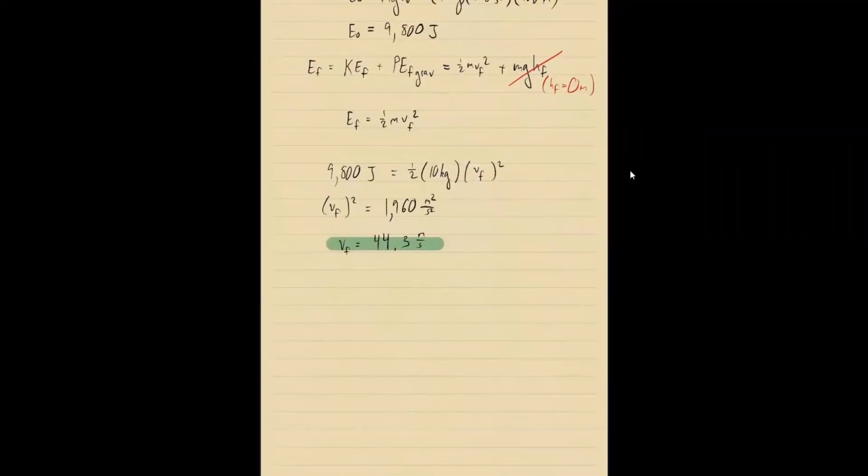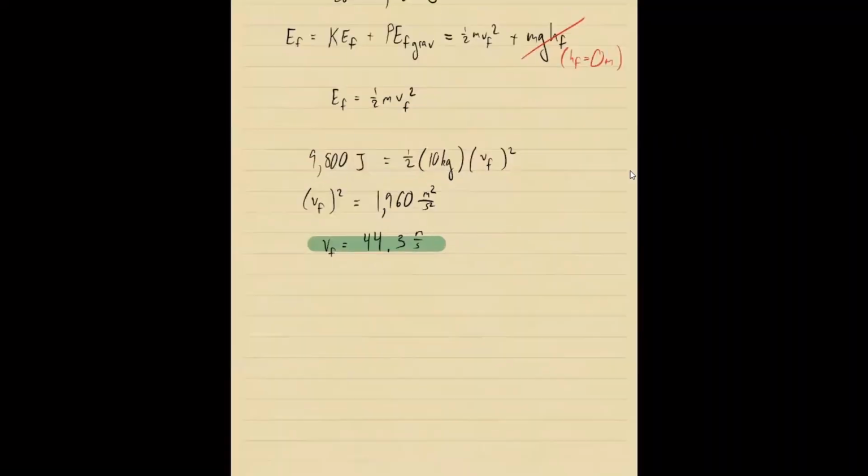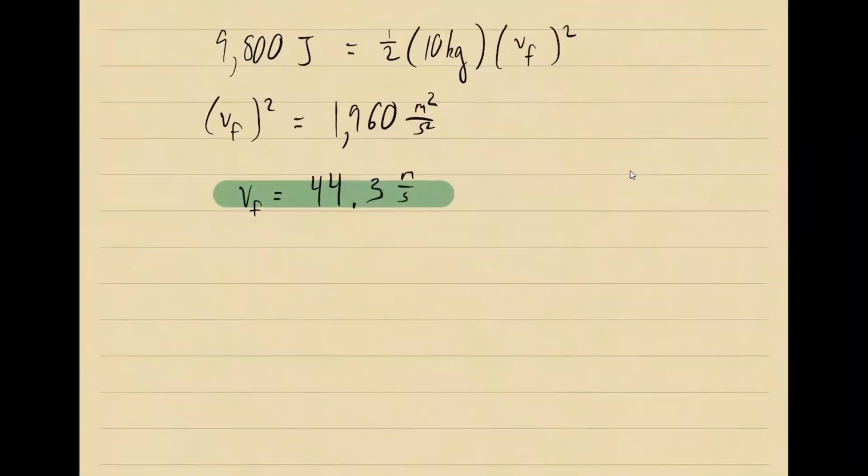So the next problem we're going to look at is example 6. Just zoom in a little bit. So example 6 comes from the impulse and momentum chapter that we just covered.